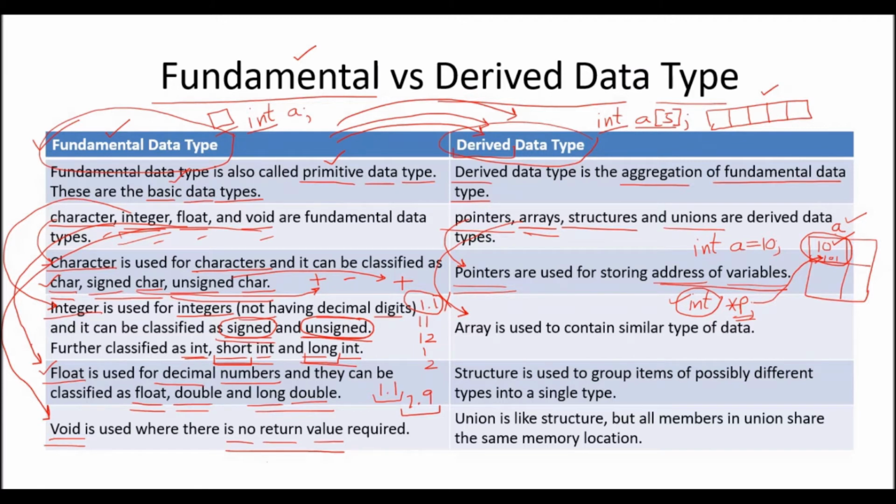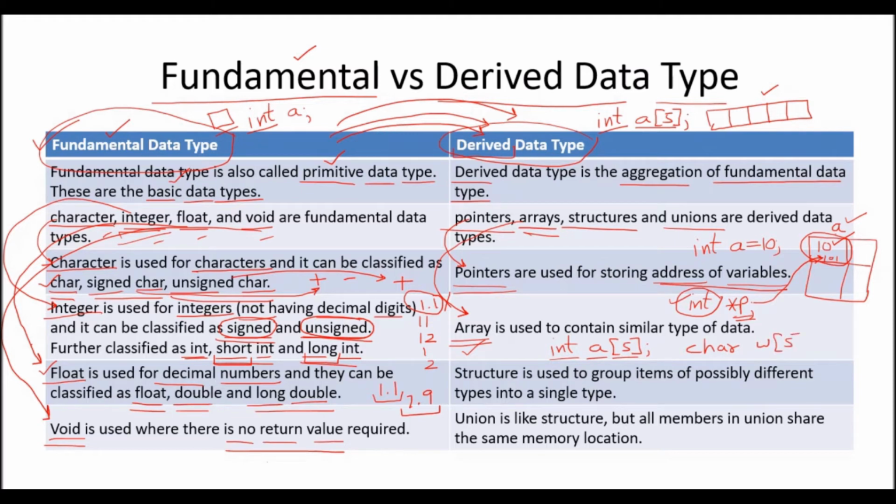Now talking about array, array is very much popular because whenever you are going to perform any matrix program, you are going to store multiple students' details, you are going to store multiple entries, there array will come into the picture. And as I have already told you, if I say int a[5], it is going to save 5 memories of integer type, or I may say char w[5].